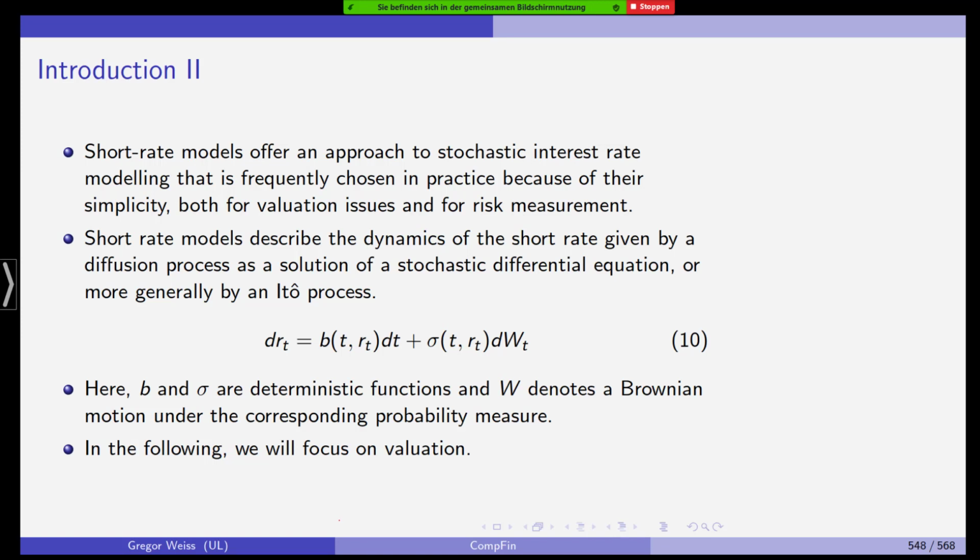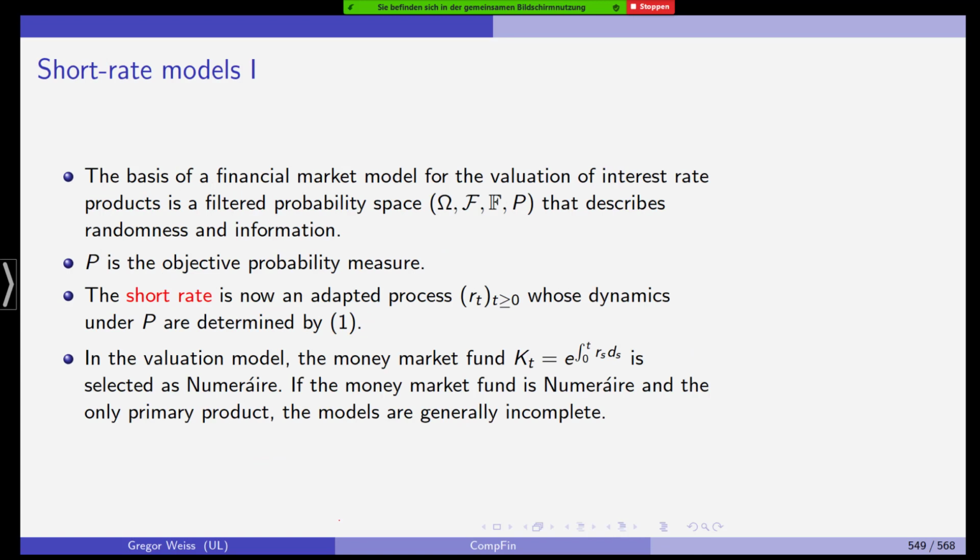So actually what we are doing is we are taking the same stance as in the Black-Scholes-Merton model, and we are assuming a diffusion process, an Ito process, for the short interest rate, r_t. So we are assuming there's a drift component, b times dt, plus a diffusion component, sigma times the change in the Wiener process. And we'll now focus on valuation.